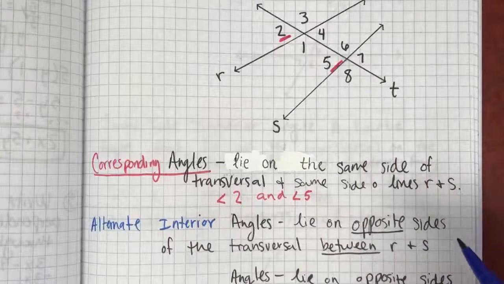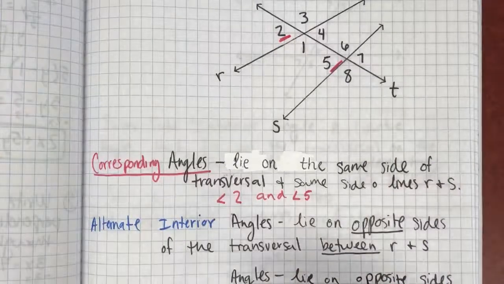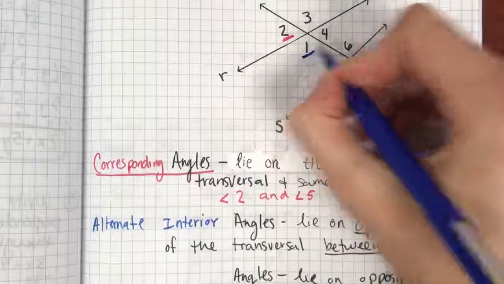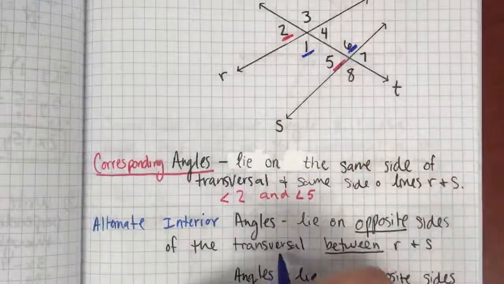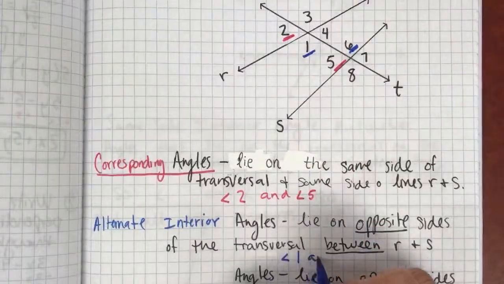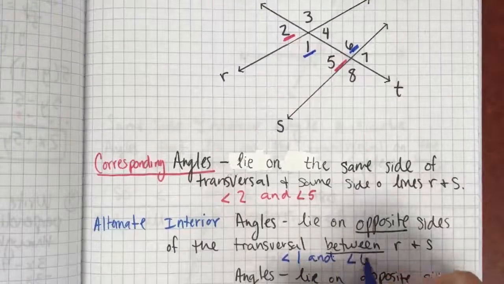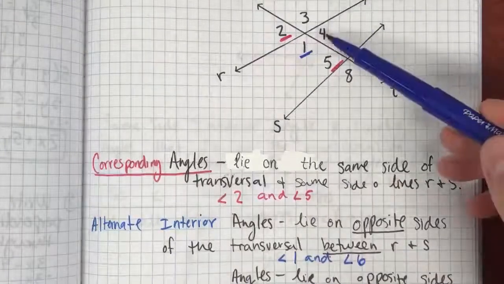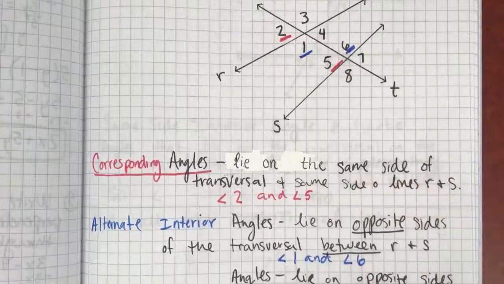So something that's an alternate interior angle could be 1 and 6. Another alternate interior angle would be 4 and 5, but those are the only two alternate interior angles that we have.